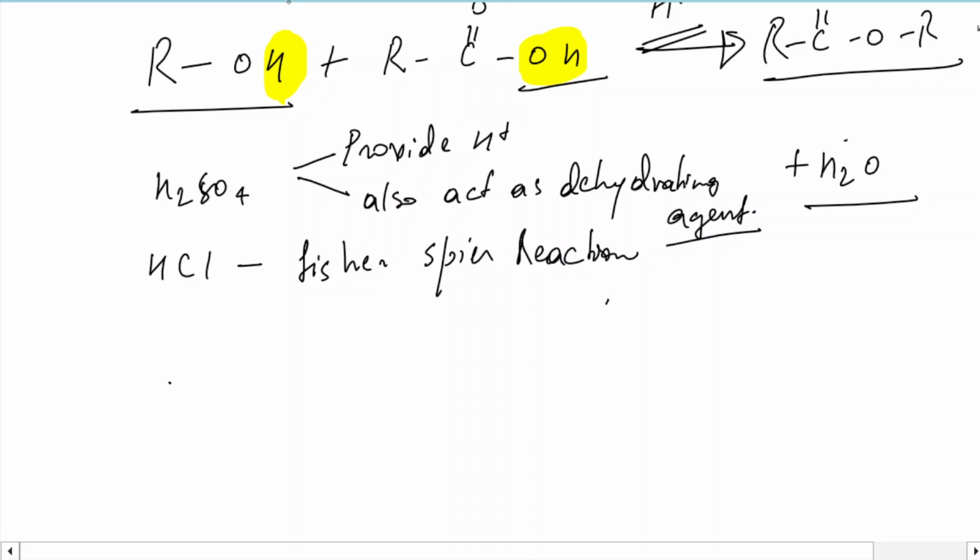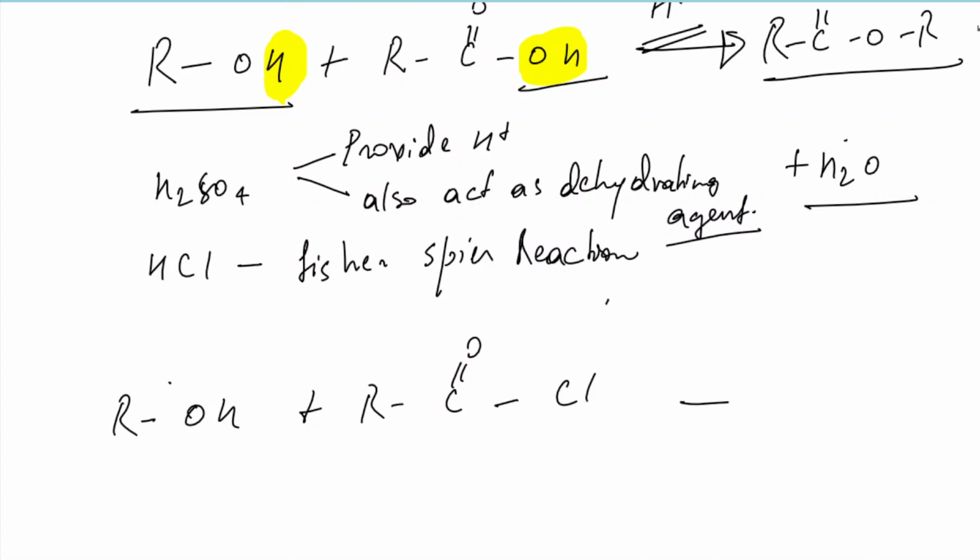The same reaction can be done with the help of acyl chloride. ROH can react with RC double bond O Cl. Okay, it can also give rise to ester.